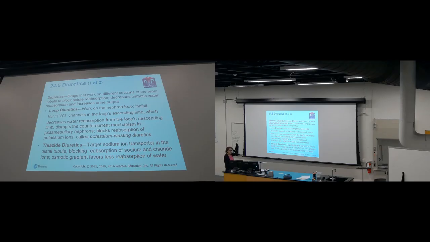Now, one way to control hypertension is by giving diuretic drugs. A diuretic drug increases the loss of water, so it prevents the reabsorption of water and increases urine output.